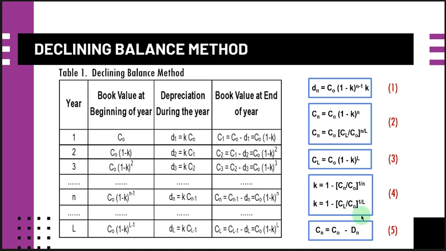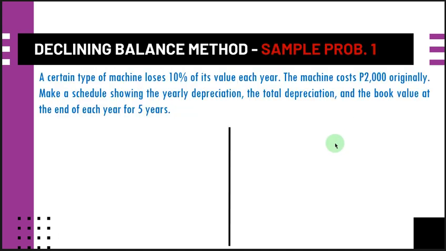Okay? So to better understand the application of the following formulas, we will proceed to our sample problem number 1. So we have here a certain type of machine that loses 10% of its value each year, and the machine cost 2,000 pesos originally.